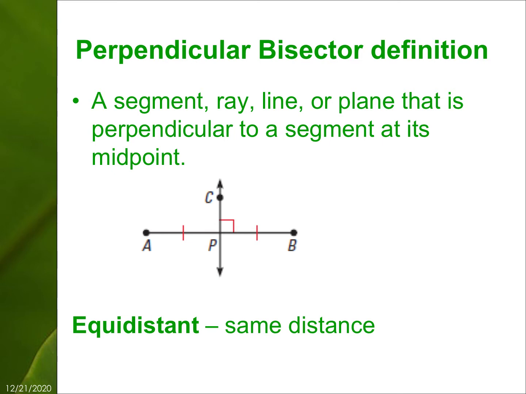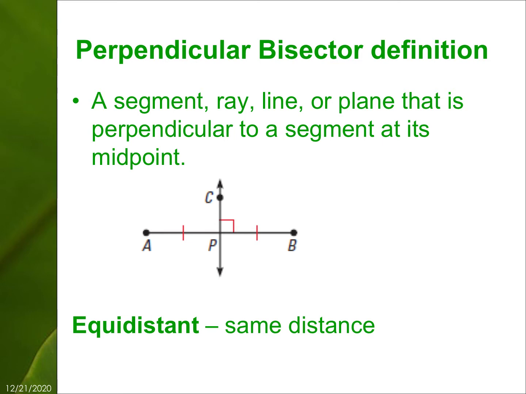A perpendicular bisector is going to be a segment, a ray, a line, or a plane that is going to be perpendicular to a segment at its midpoint. So remember, what this perpendicular bisector is bisecting must be a segment because it's going to make it into two congruent segments.